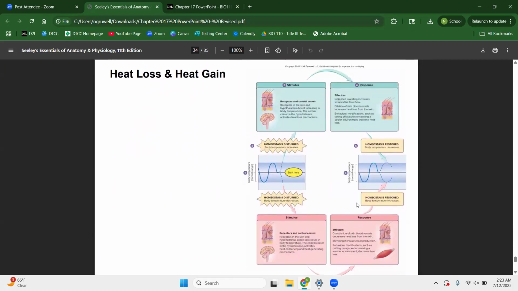All right, this is just a little bit of a graphic to walk you through that negative feedback loop. So I'm going to simplify it for you a bit. And so remember, we have our set point right in the middle. If we deviate too far away from that set point, then the body is going to respond.